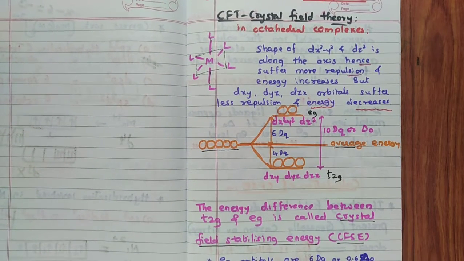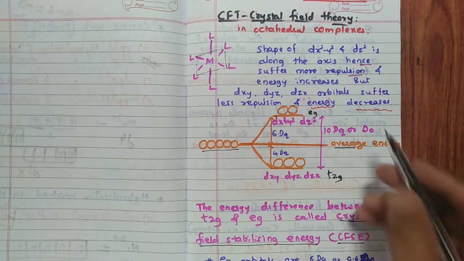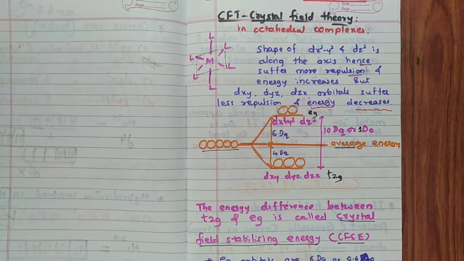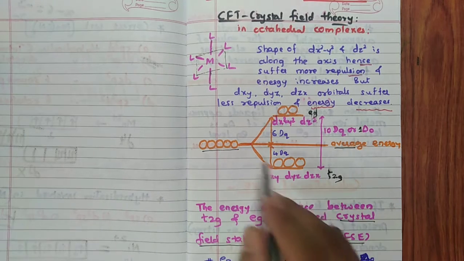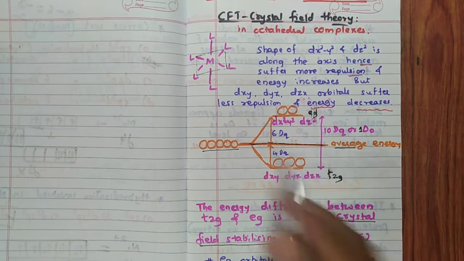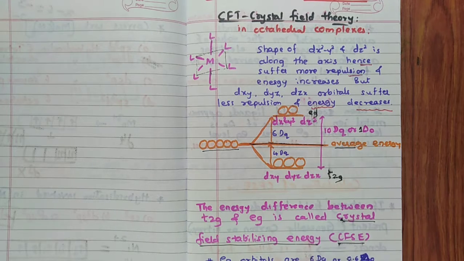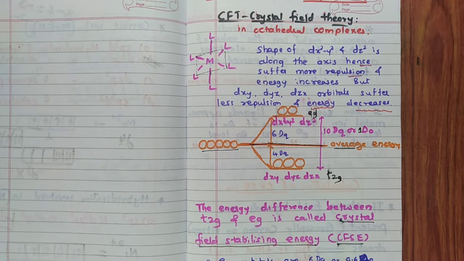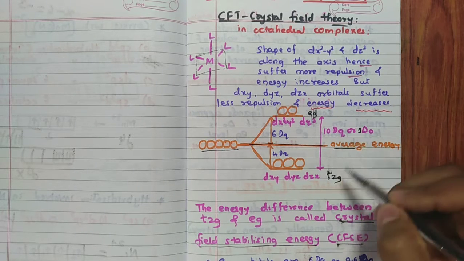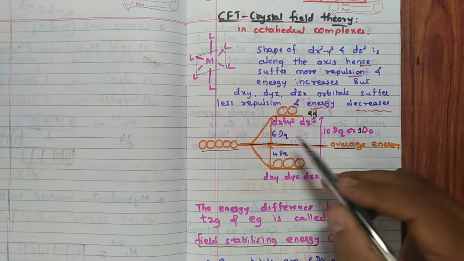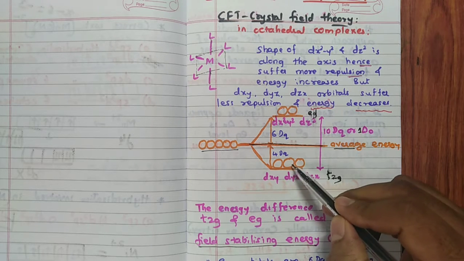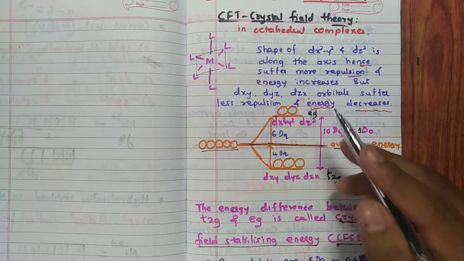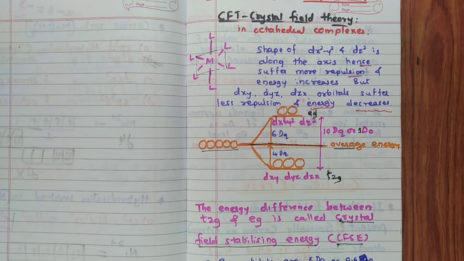In this case, if I consider the splitting as 1 delta naught, then the eg is 0.6 above and the t2g is 0.4 below the average energy. Or if I consider 10 Dq as the difference, then I can give 6 Dq above and 4 Dq below, because 4 Dq is the lower energy and 6 Dq is the higher energy orbital.